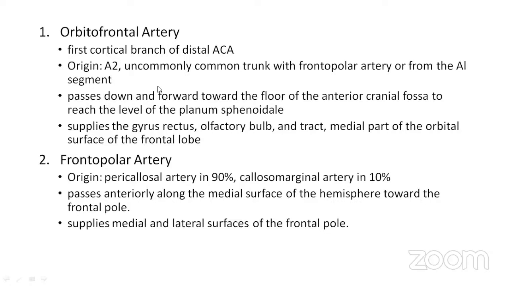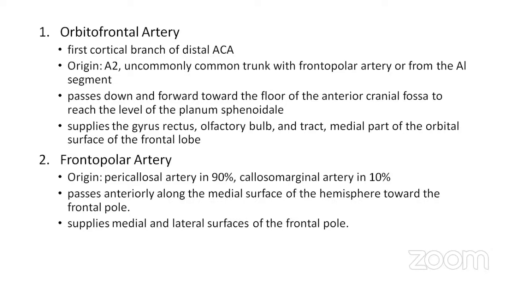Orbitofrontal: it is the first cortical branch of the distal ACA. Origin is from the A2, uncommonly a common trunk with the frontopolar artery, or from the A1 segment. It passes down and forward toward the floor of the anterior cranial fossa to reach the level of the planum sphenoidale. It supplies the gyrus rectus, olfactory bulb, tract, and medial part of the orbital surface of the frontal lobe.